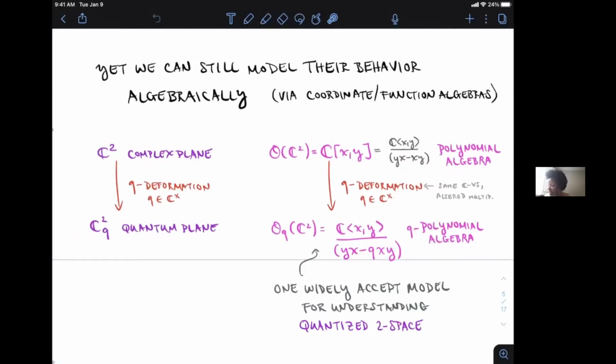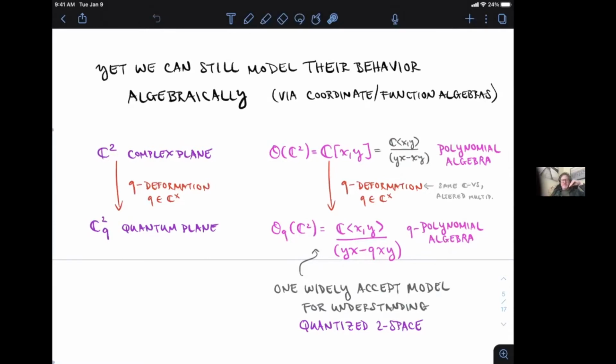So I end up replacing the polynomial ring where x and y commute with a q-polynomial algebra where now yx is equal to qxy for q some non-zero scalar. This algebra is a widely accepted model for a coordinate ring of quantized 2-space, and this is what we're going to study symmetries of in order to get a handle on this gadget.